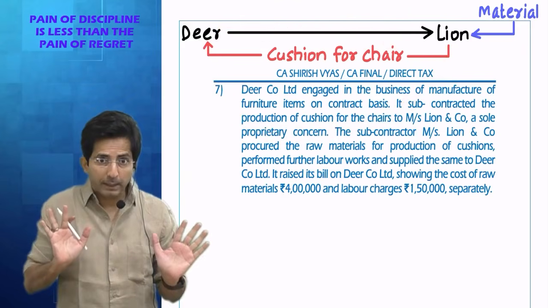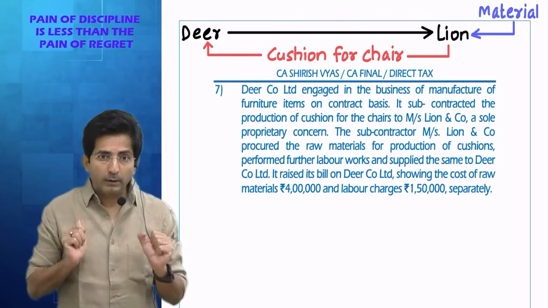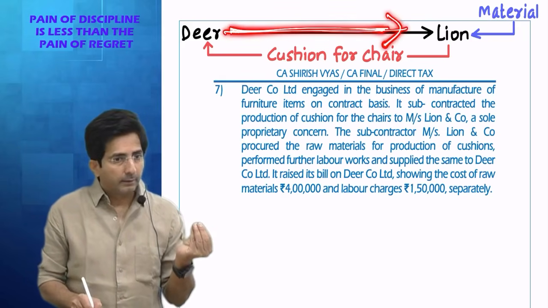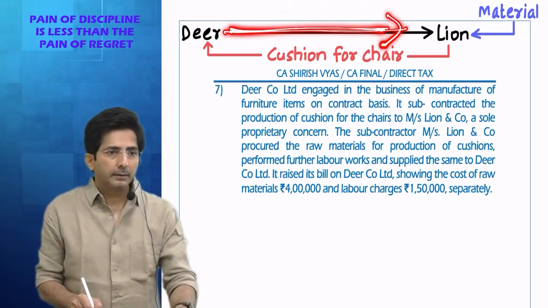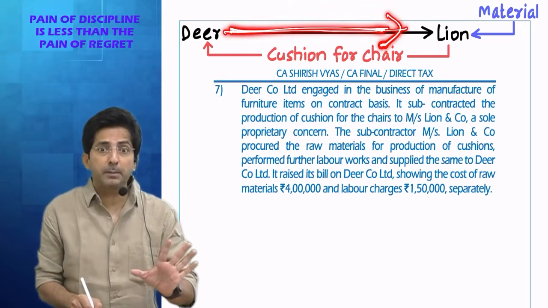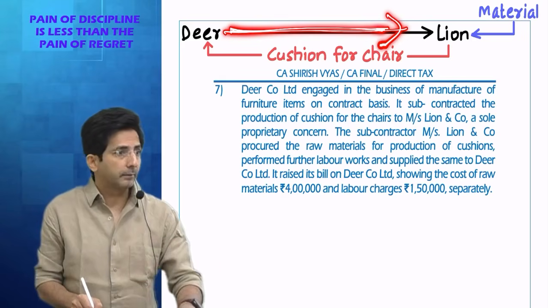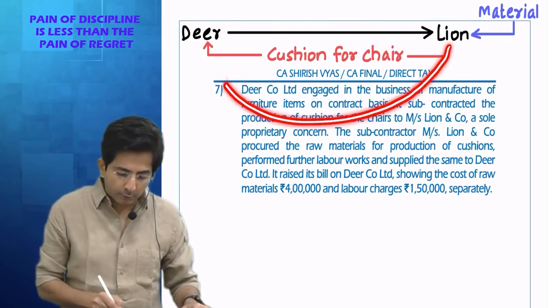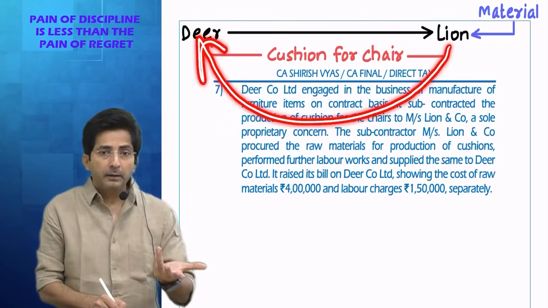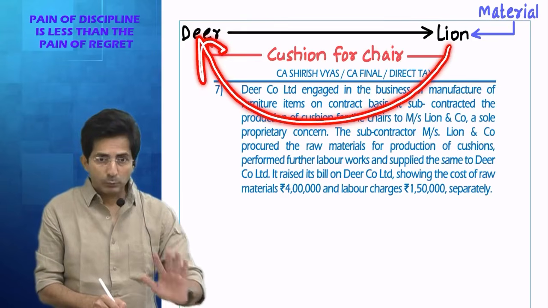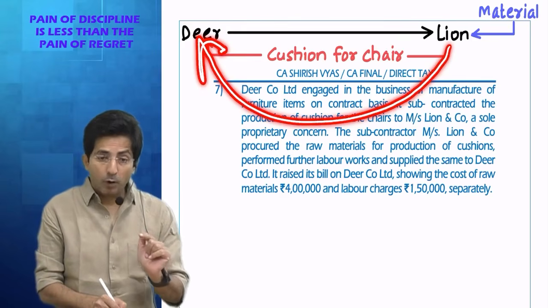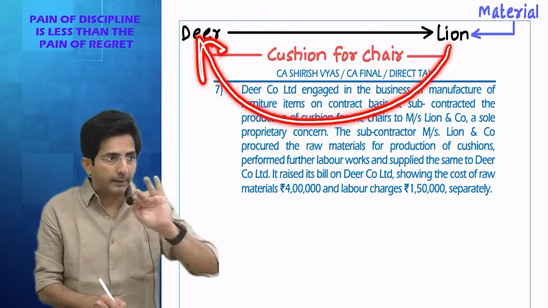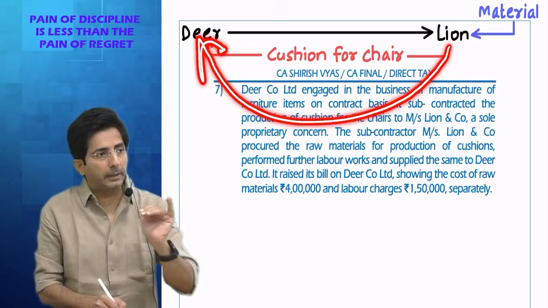That's what happens in real life. Even if the job worker takes the material from Deere, they literally purchase it. It becomes a purchase transaction, Lion purchasing material from Deere, and that transaction gets over. Then another transaction is the job worker providing a bill including material and labor. But in the job worker's bill, which includes both material and labor, you will exclude the material component and TDS will apply on labor charges only.